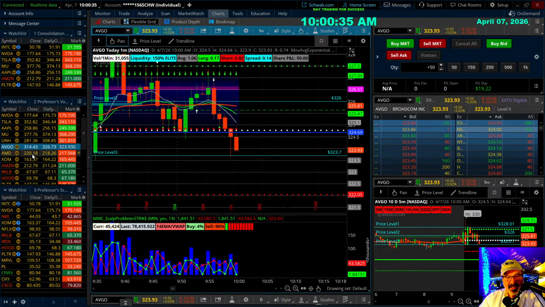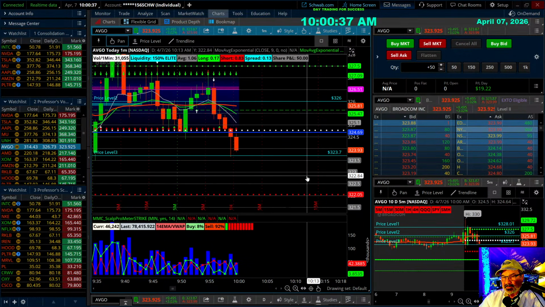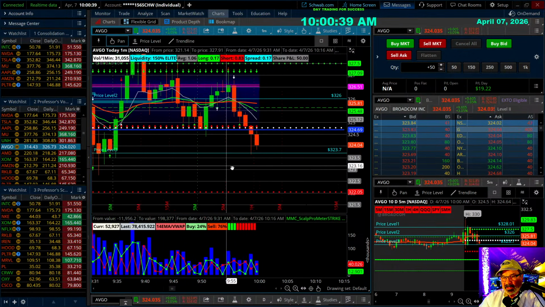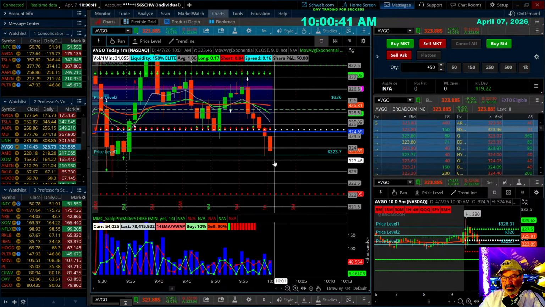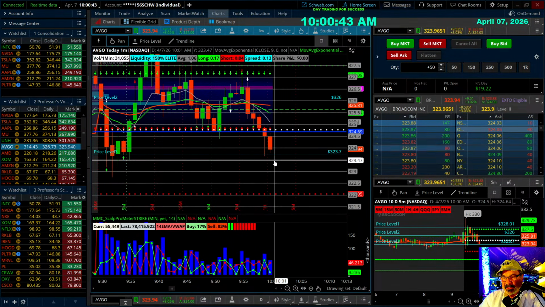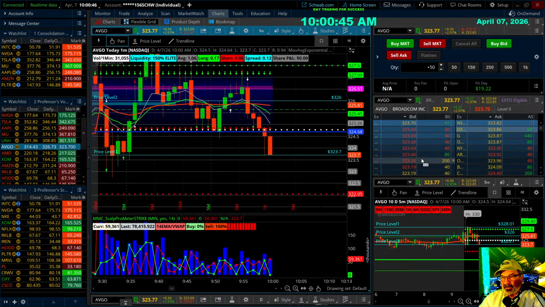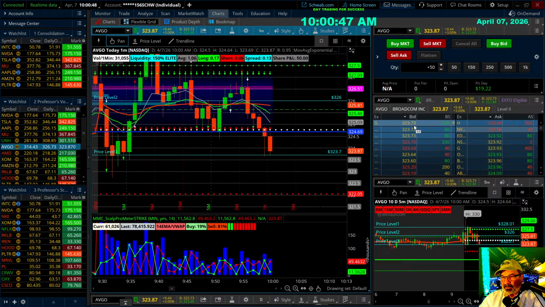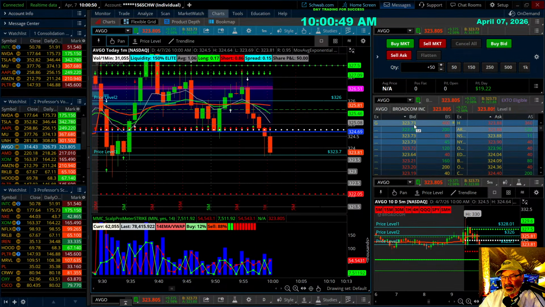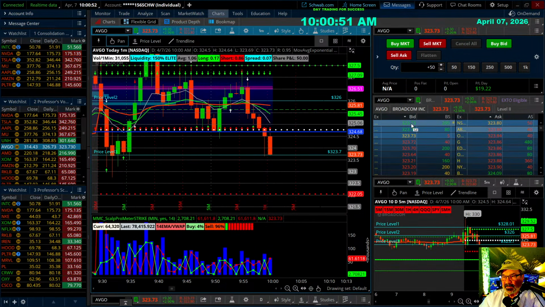At least it hit the scanners today. That's a smoothing level, but definitely I'd want it to hold at 323.50. Let's take a look at the bid here. See if it breaks the 50 cent here. Or you could look at the market maker too up here.